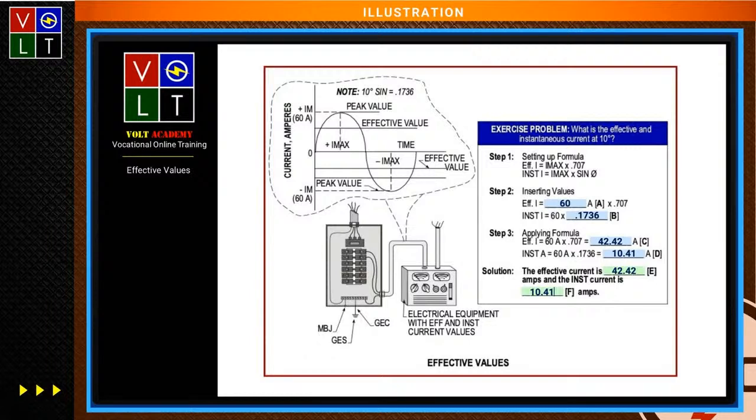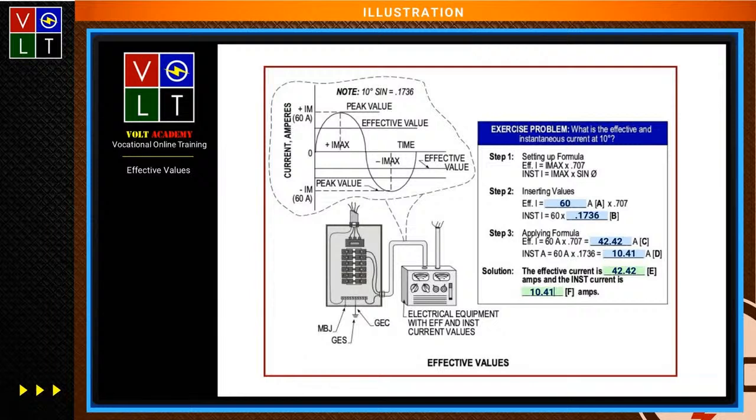But now I also want to determine what the instantaneous current is. At 10 degrees on the sine wave, that's going to be 0.1736, and I'm going to get instantaneous amps here of 10.41 amps. So all you're really looking at with alternating current is your current in amps.